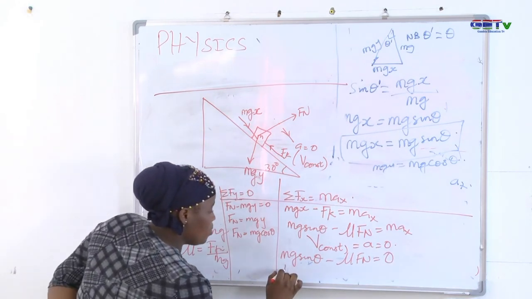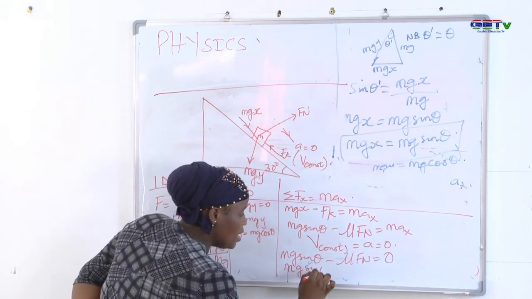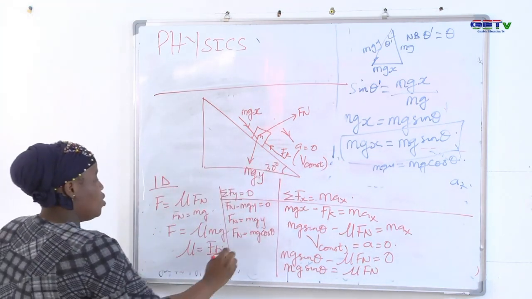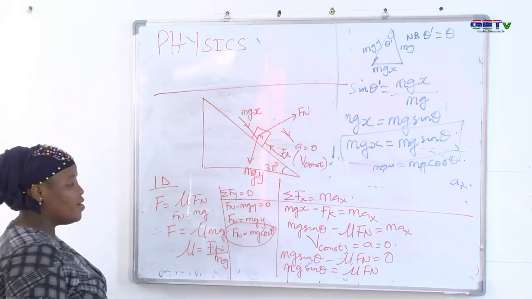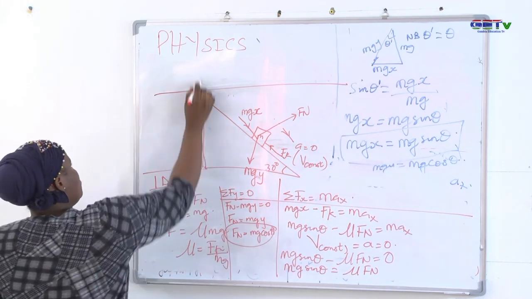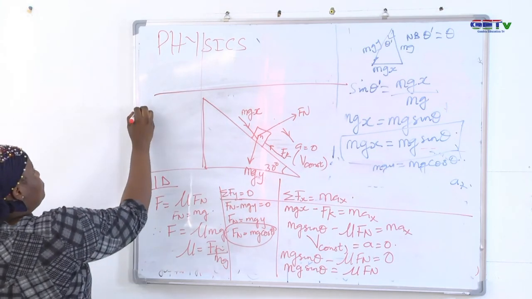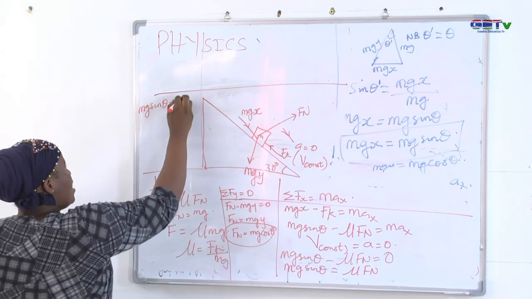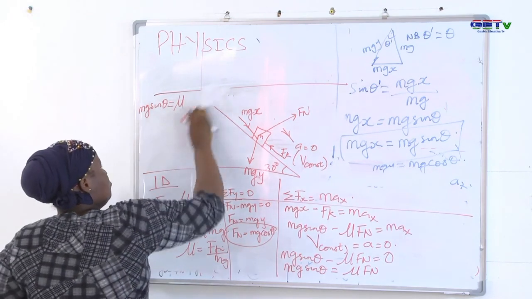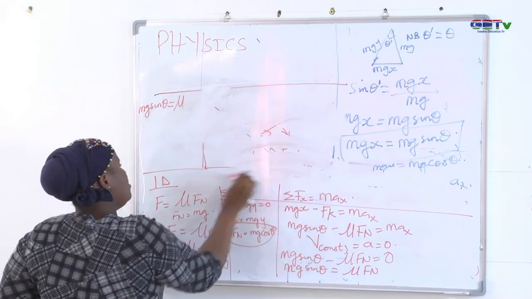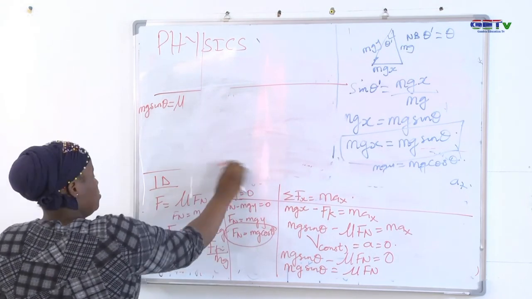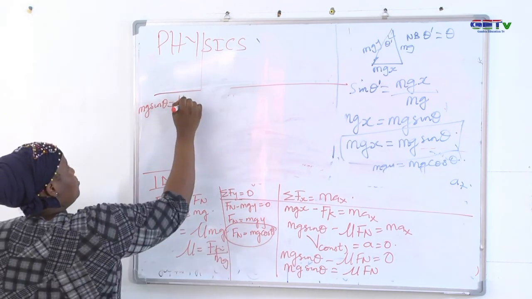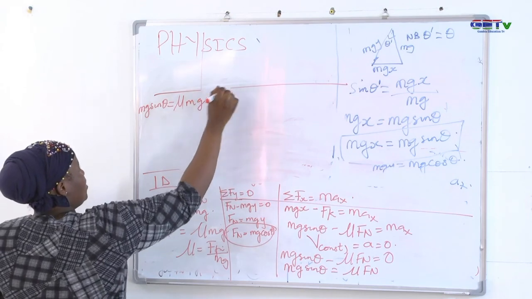And that will be mg sine theta is equivalent to mu times Fn, where Fn was obtained as mg cosine of theta. So we substitute that into the equation, and it will be mg sine theta is equivalent to mu times Fn, where Fn, you got the diagram already, so I can clean it. Mu times Fn, where Fn is mg cosine of theta.